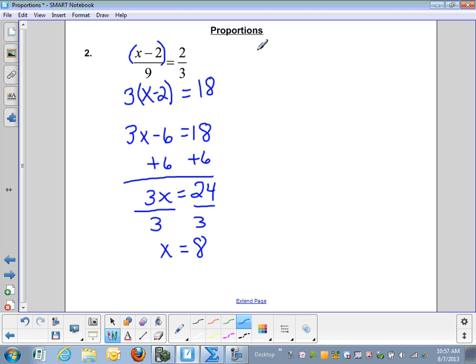Okay, x is equal to 8, so let's go ahead and substitute that back in. 8 minus 2 is 6. 6/9 is equal to 2/3.